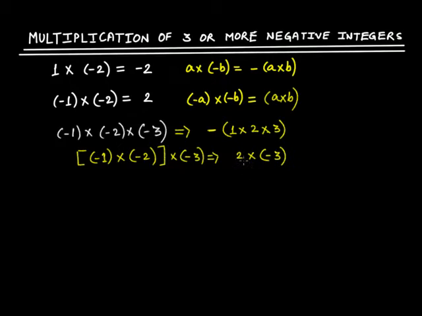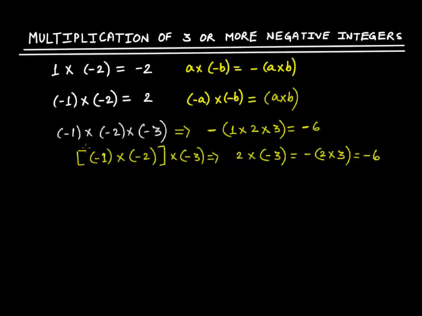Now you have one positive integer and one negative integer, therefore the result of this multiplication will be negative. So this will be minus times 2 times 3, and this will be -6, and that is what you would have got from here.